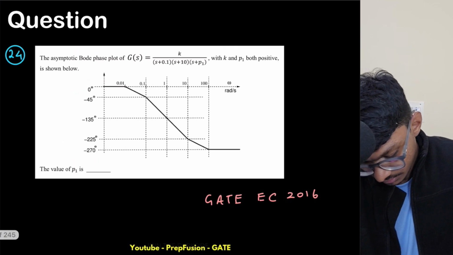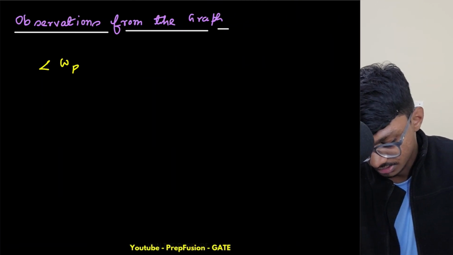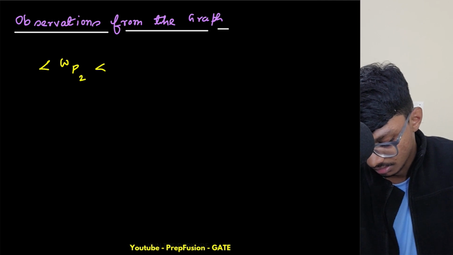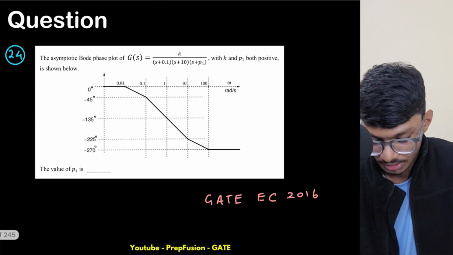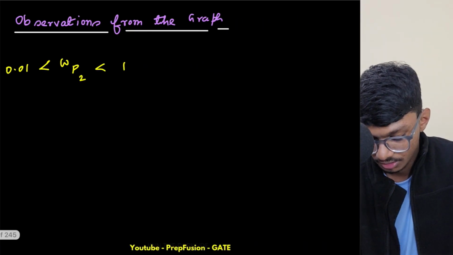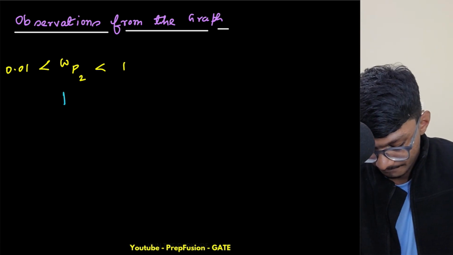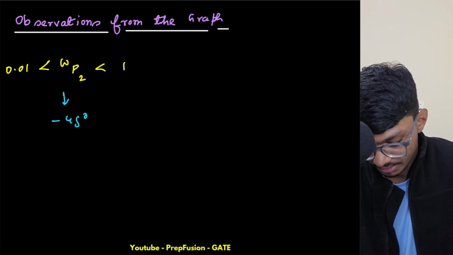Oh, this is P1. So let me name this omega P2. This pole will affect the range 0.01 to 1. That is the range of this pole, due to which I will get a slope of minus 45 degrees per decade.